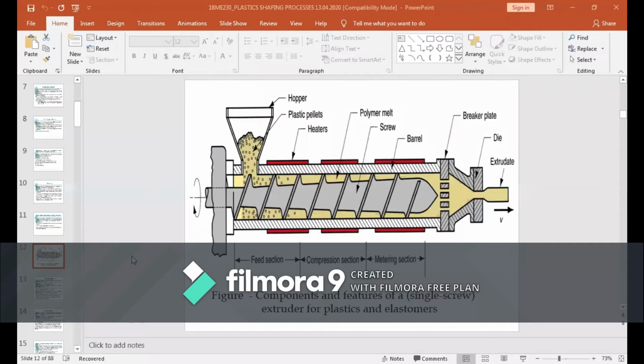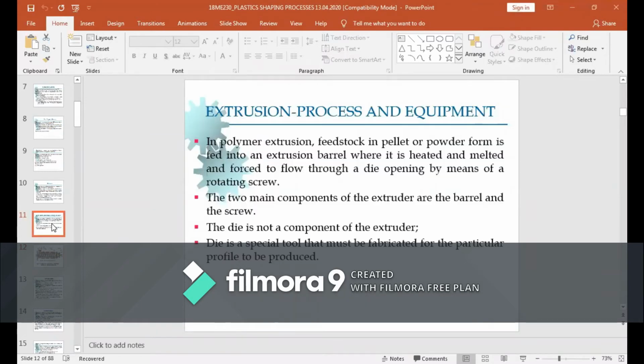Hello. Okay. This is the component diagram of your extrusion molding machine. Here we can see that in the feedstock, in the hopper, I'm going to put this pellet or raw material in the form of a pellet into the barrel.